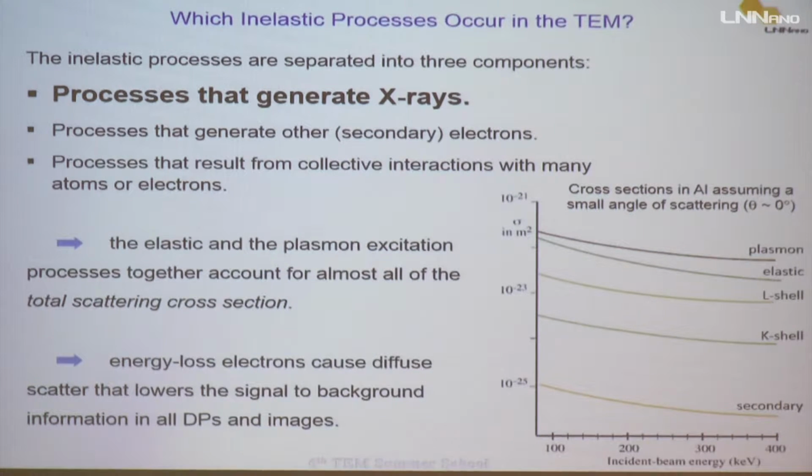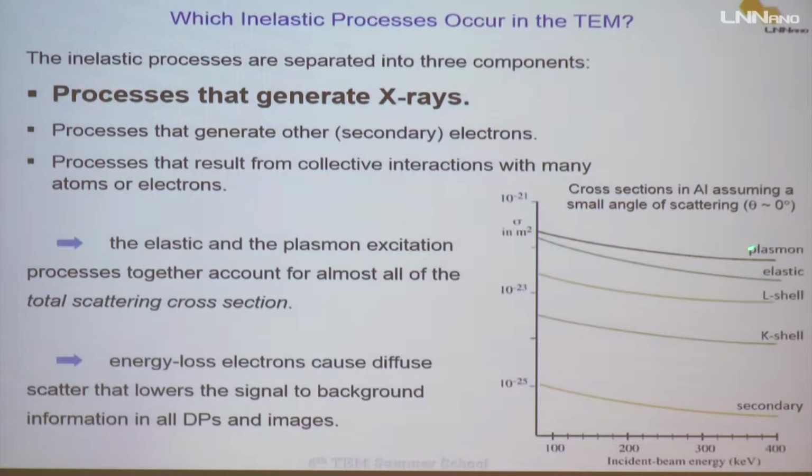And here we have a graph relating the cross-section for scattering with the beam energy. We can see that among the inelastic processes, there is a process that generates X-rays. This is the process that we are interested in.